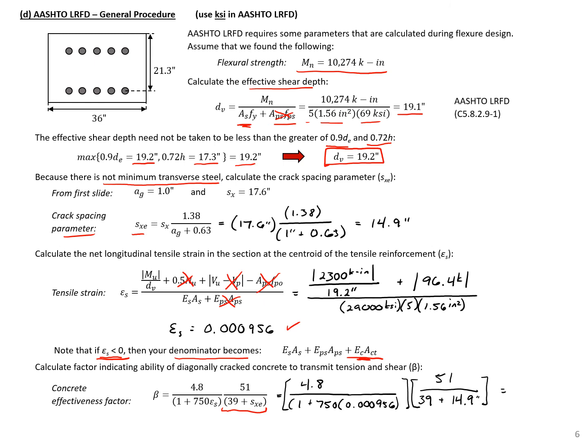And we'll get our beta here to be equal to 2.65. And we're going to use this beta on the following slide to find our concrete shear component.